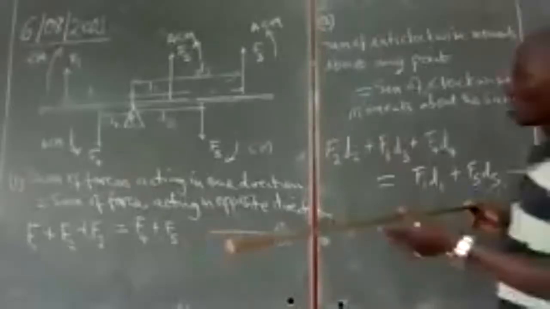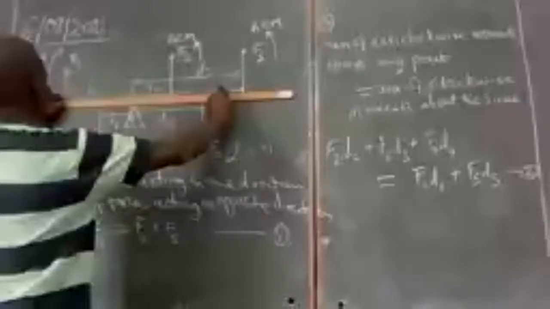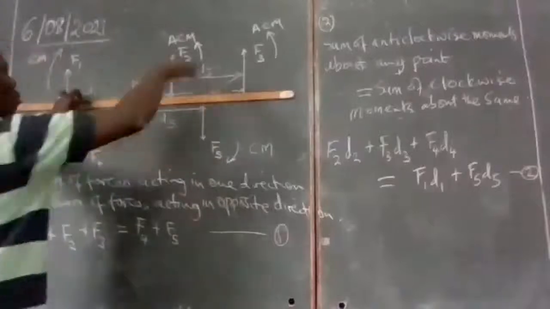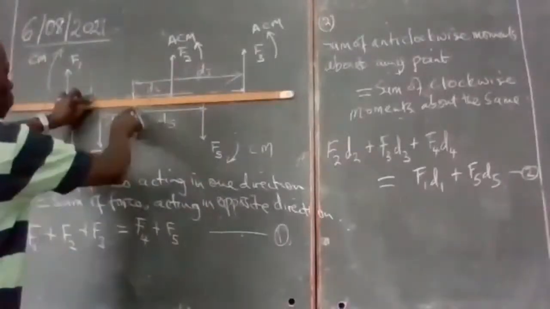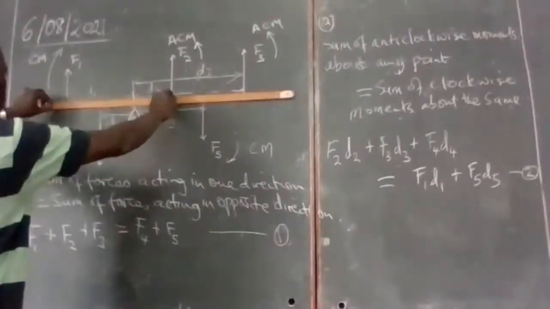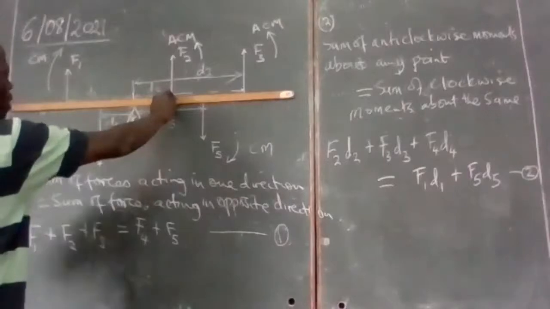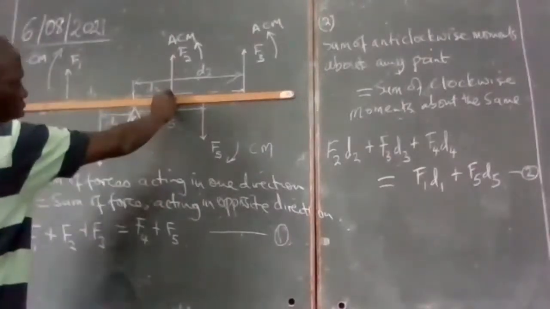Do you see the blackboard? Yes. If you see the blackboard, I am going to look at force one, F1. This is the force I'm concentrating on. Ignore all the other forces. This is the pivot. How will this force pull the meter ruler? Will it be pulling it upwards or downwards?